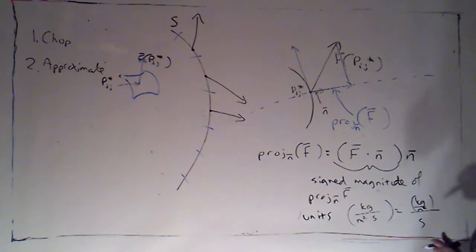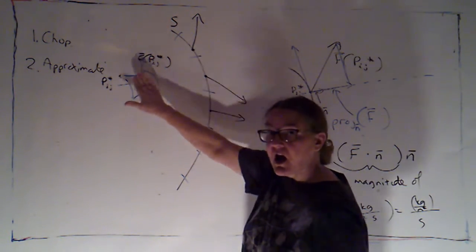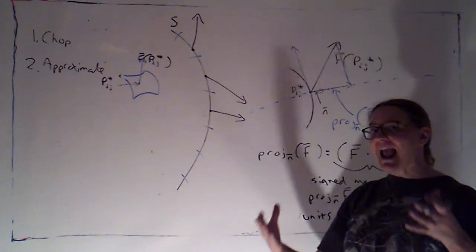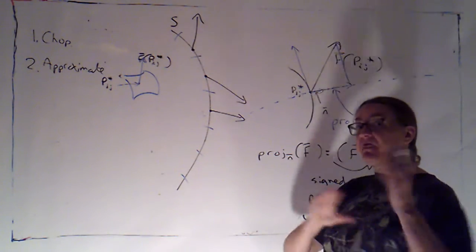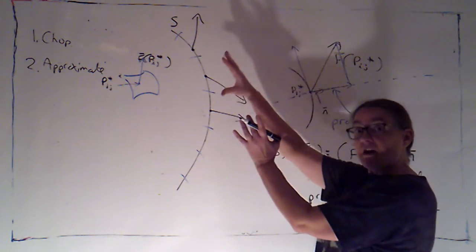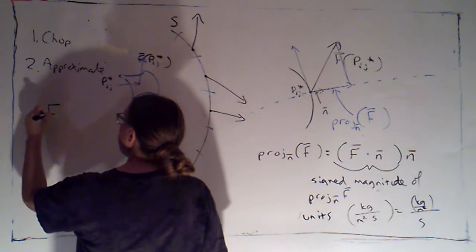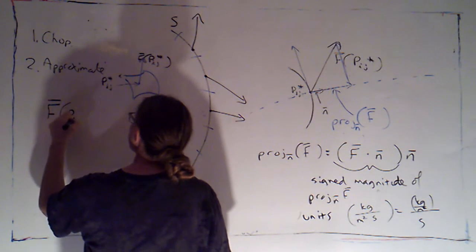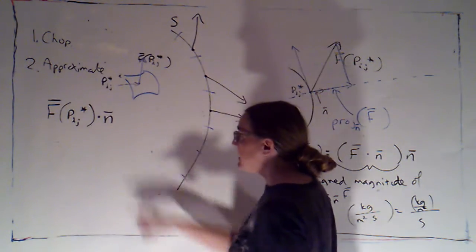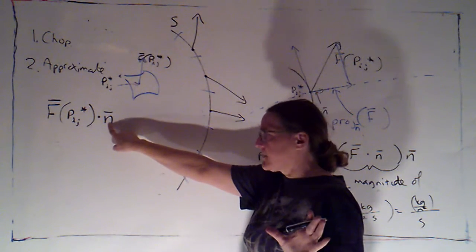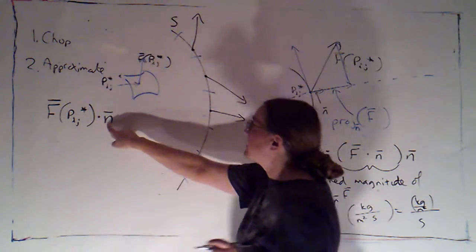Okay. All right. Now, if that's happening over this entire region, if I were to multiply by the area, the surface area of this little patch, that would sort of tell me how much stuff is flowing through that patch. So I'm going to take F evaluated at Pij star dotted with N, understanding that N is not a constant vector. This is the N at Pij star as well.